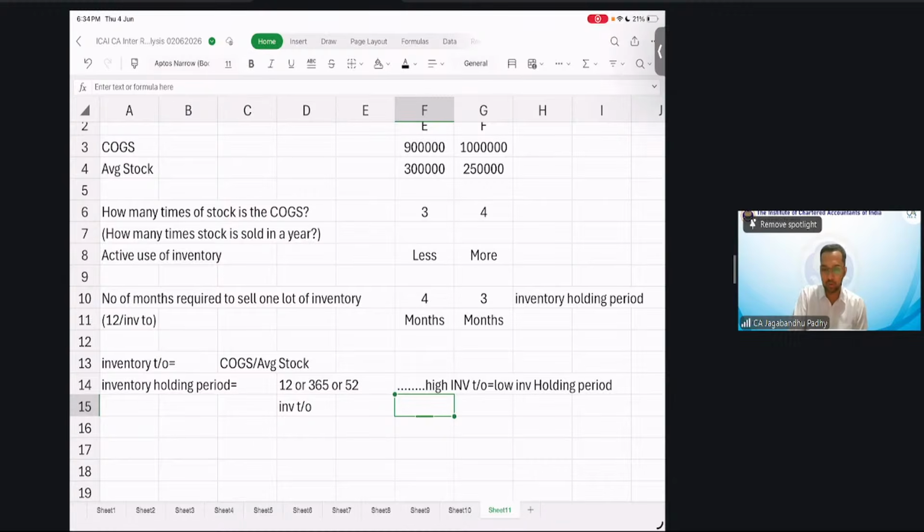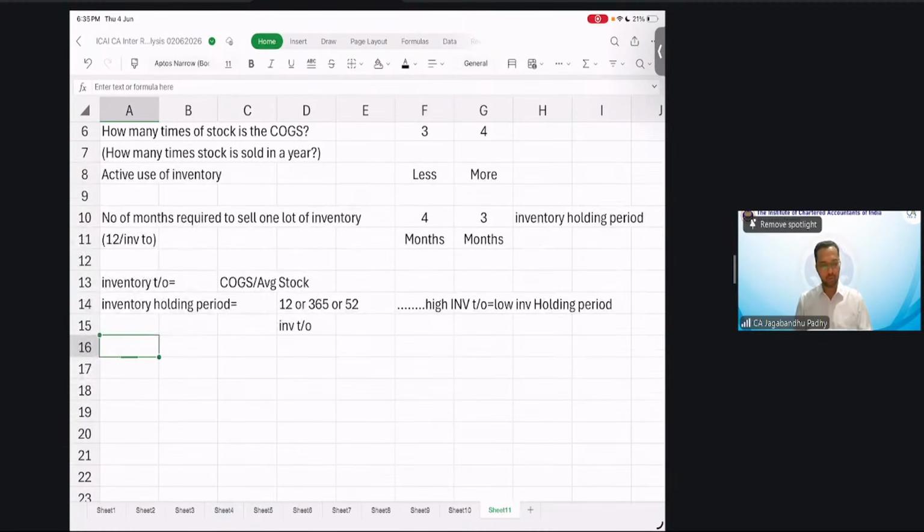Inventory turnover ratio is COGS upon average stock; inventory holding period is 12 or 365 or 52 divided by it.